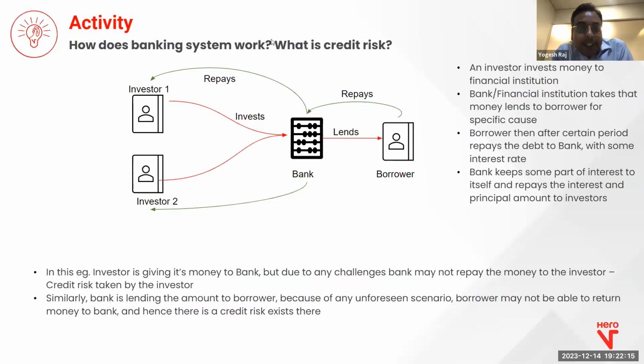The bank aggregates that entire money, then keeps some money for day-to-day business. For example, if you have a savings account, probably tomorrow you might want to withdraw some amount. So whatever money you have kept in your savings account, the bank cannot use that entire money and lend it to somebody.